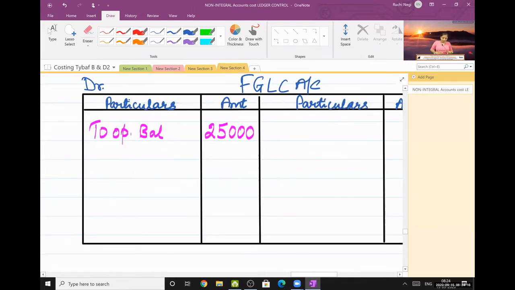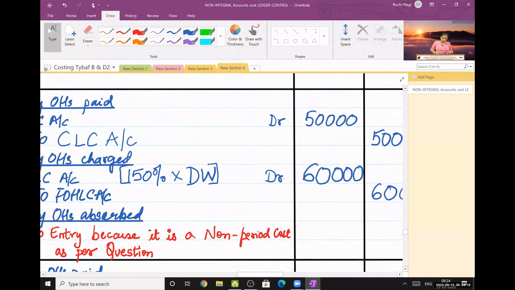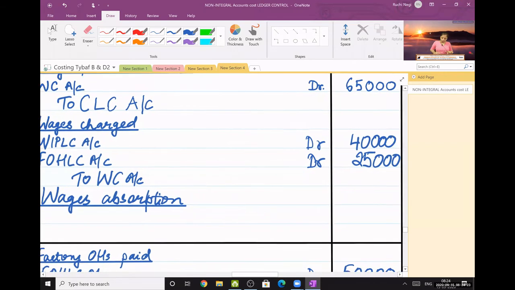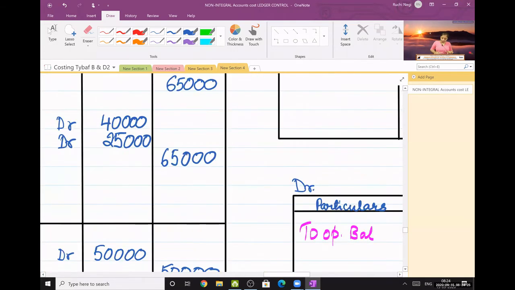Next, एक किया अभी चार्ज का एंट्री. WIP FOH to wage control 40 and 25.